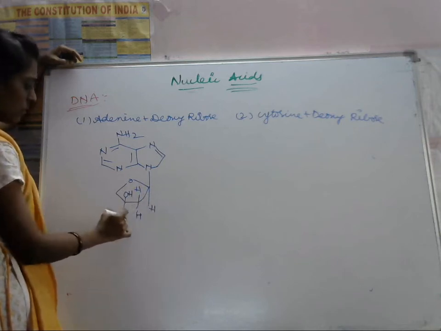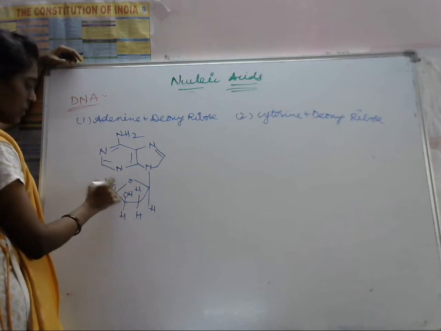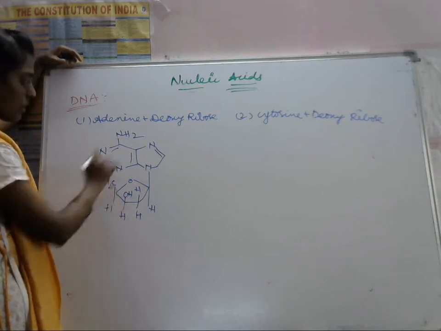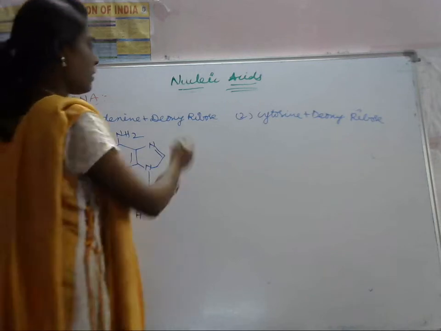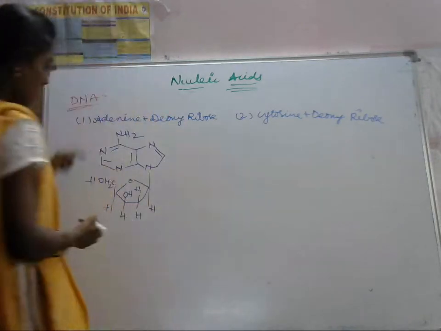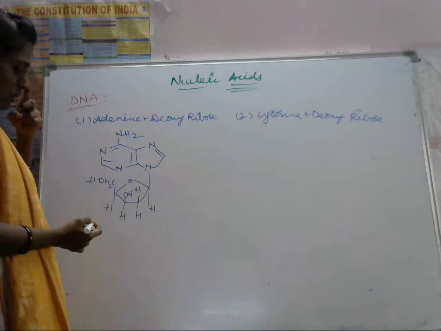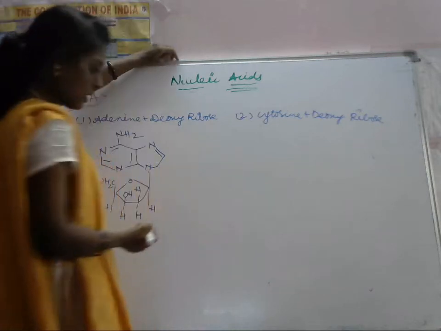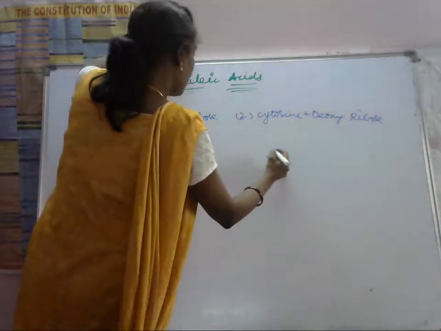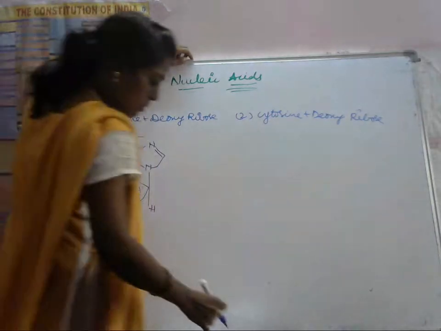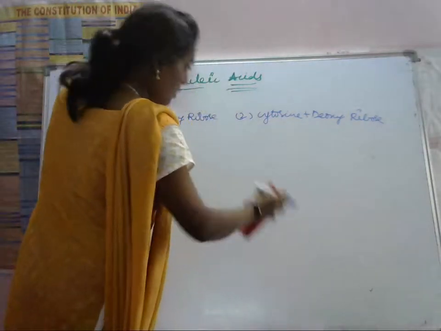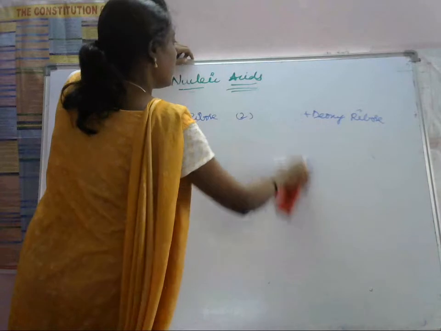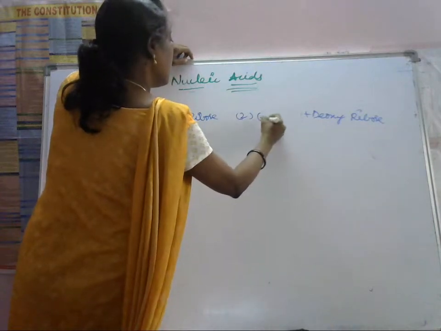Okay. So this is the difference between this one. Okay. So next, if you see here, this is the adenosine. Let's see the adenine. Okay. Cytosine. This is guanosine. Guanine.